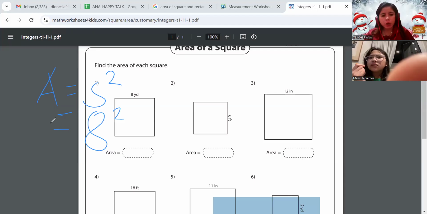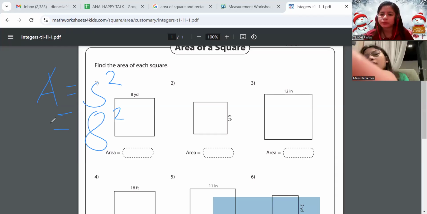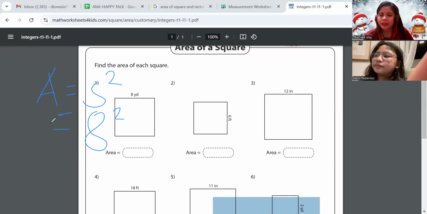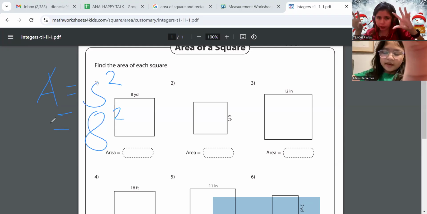How many times will you multiply 8 by itself?